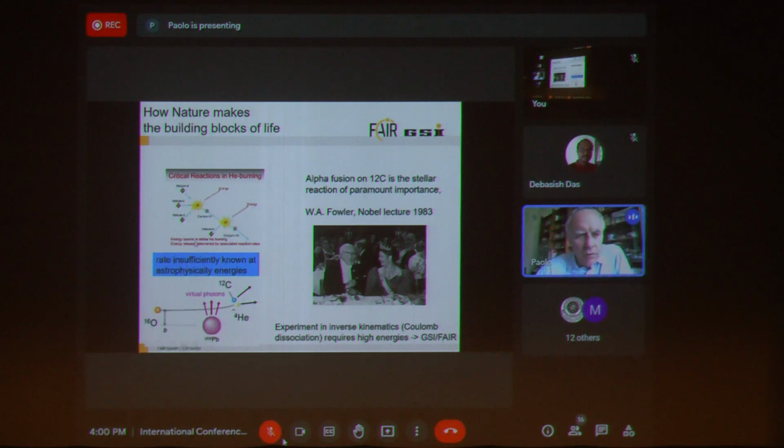Why? This is one of the fundamental processes, because we know how the history of stars goes. You burn hydrogen, you take helium, you burn helium, you make carbon, you burn carbon plus helium to make oxygen, and carbon and oxygen are building blocks of life, what we are made of.